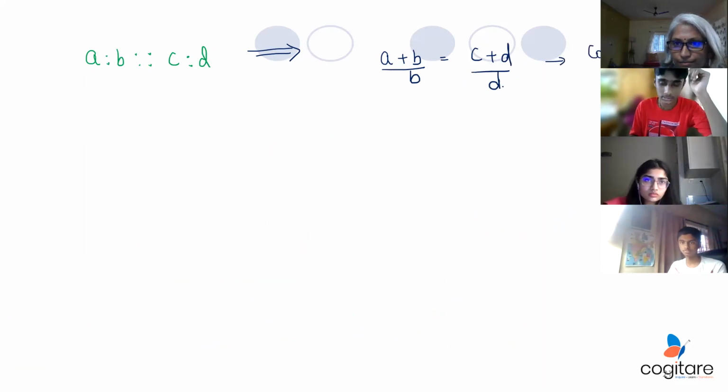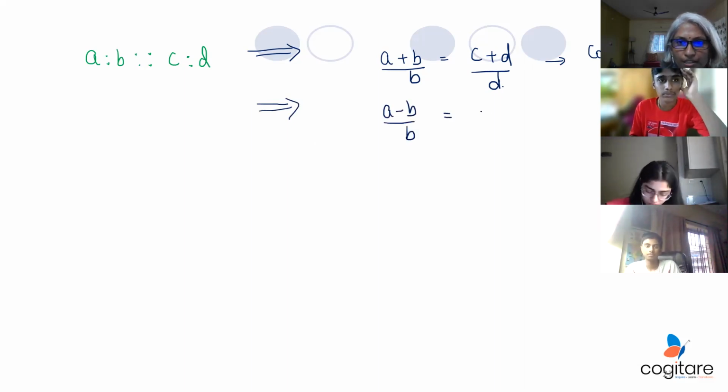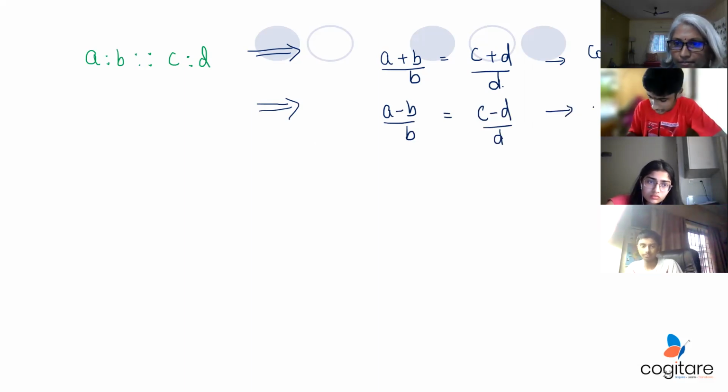Componendo. This also implies A minus B by B is equal to C minus D by D. What is this called? Dividendo.